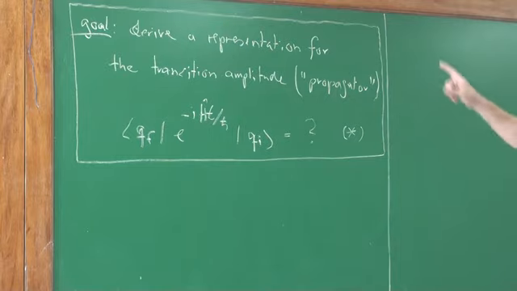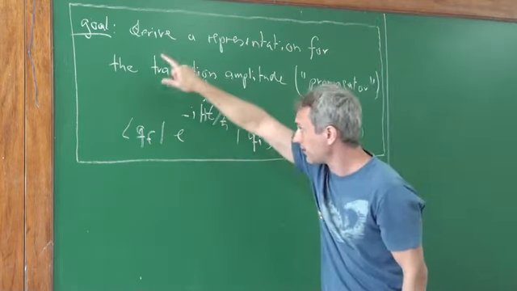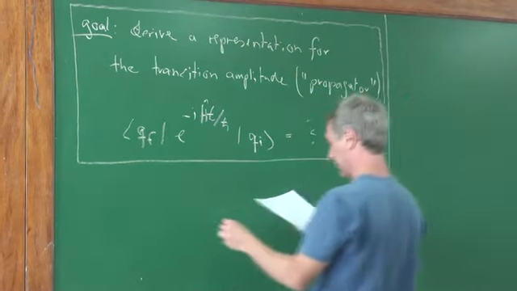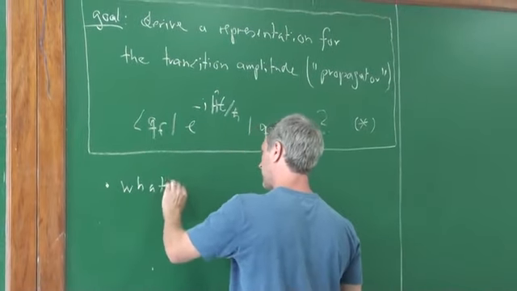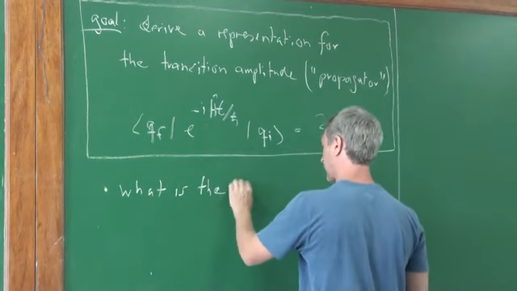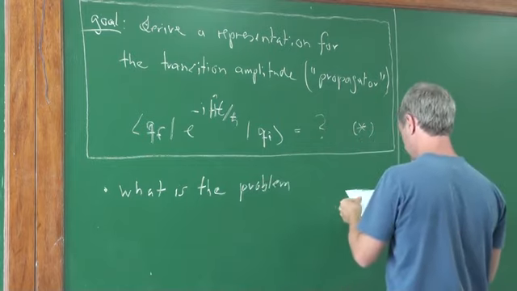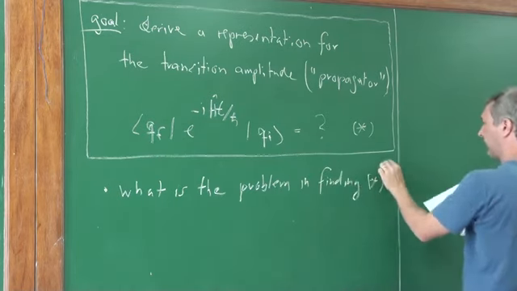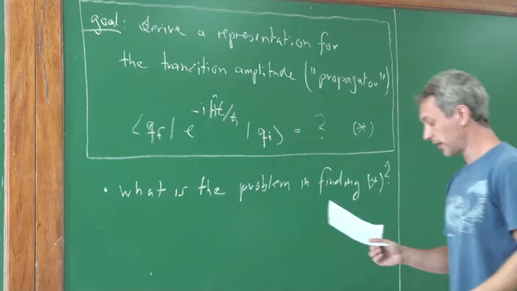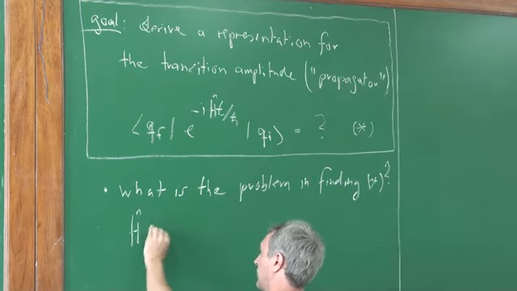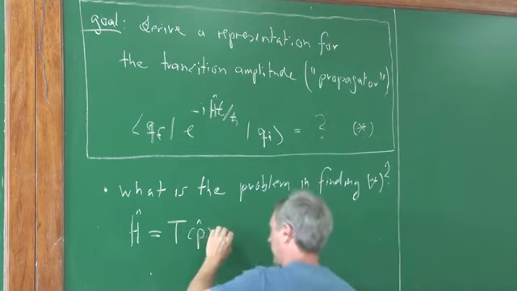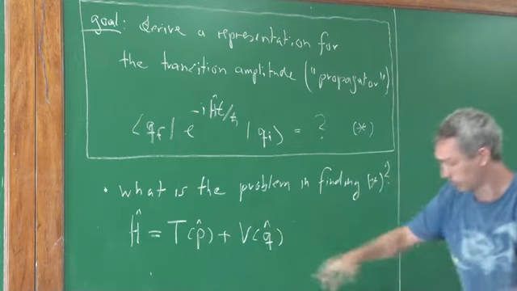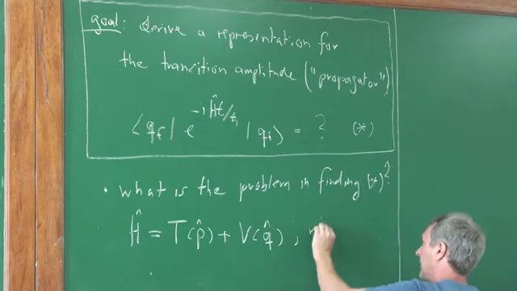Now that I tried to motivate this and define the goal, let's see what is actually the problem of writing down this transition amplitude. What is, generally, the problem in calculating such a transition amplitude? This refers to this equation. The problem in the single particle operator that we considered is that it consists of a sum of two operators, the kinetic and the potential operators, and these two operators do not commute.